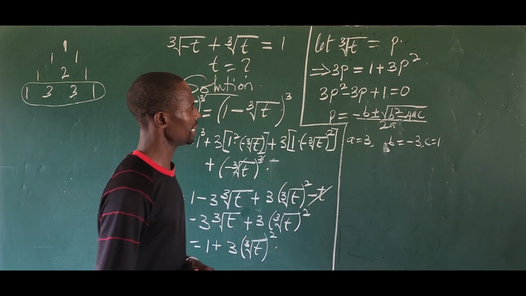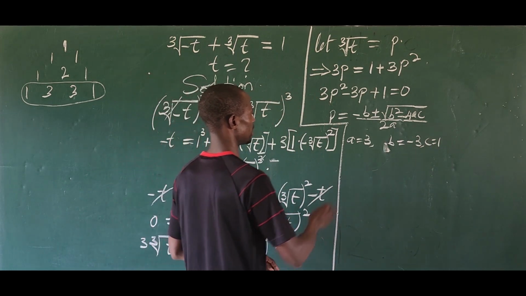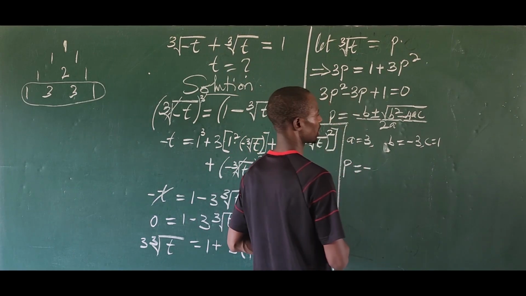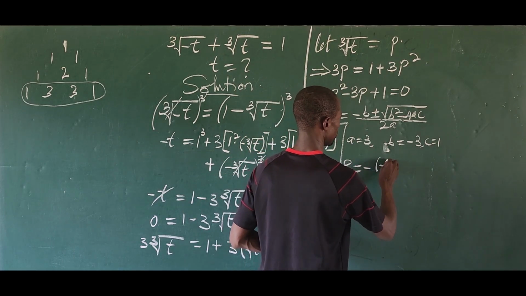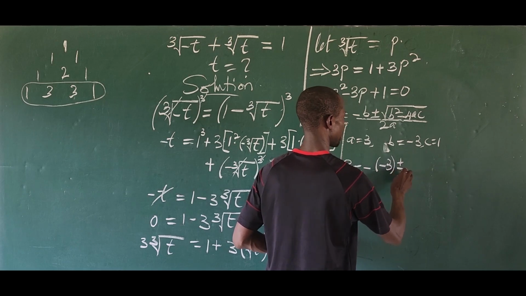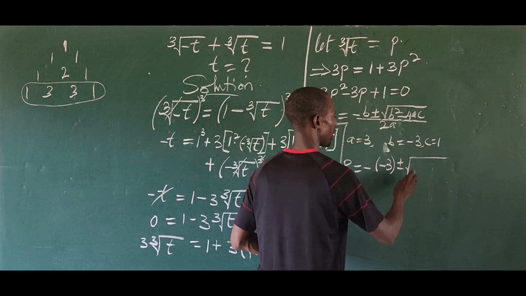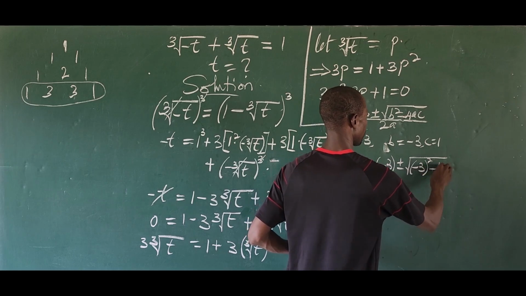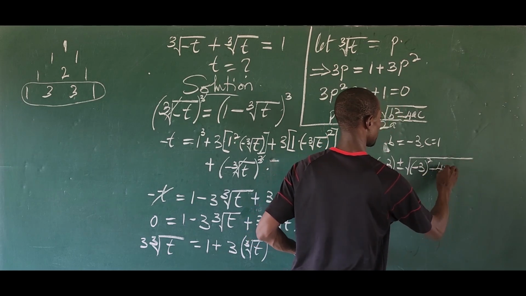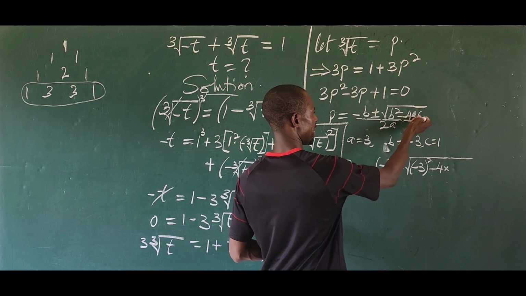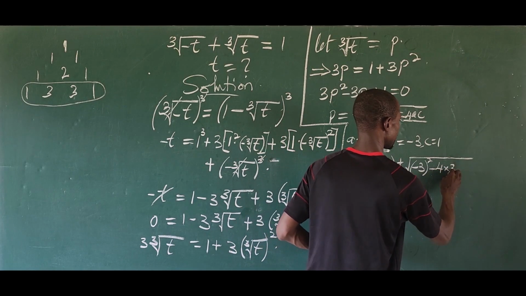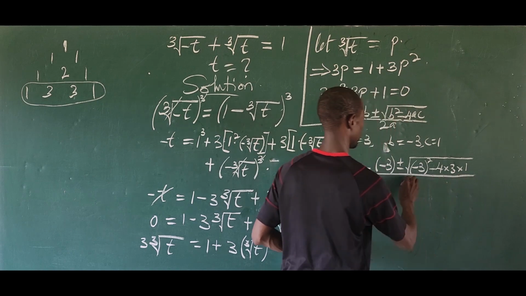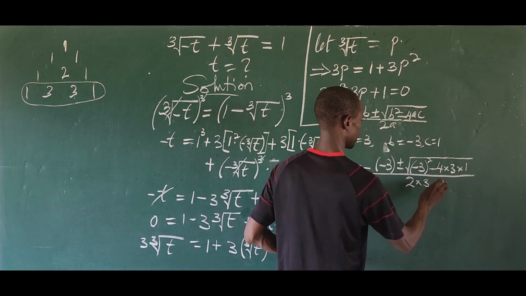So let's substitute in and see what this gives us in turn. We're going to have p equal to minus bracket minus 3 close bracket plus minus the square root of minus 3 all raised to the power of 2 minus 4 times what is our a here? Our a is 3, so times 3 times 1, everything all over 2 times 3.